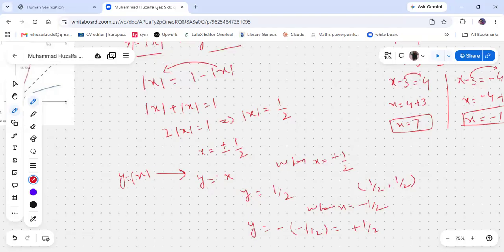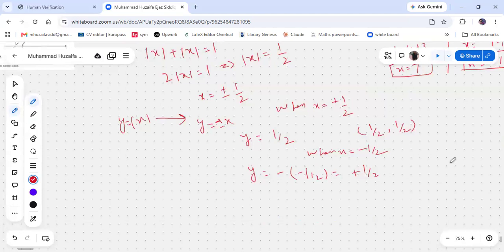We are writing the plus and minus, and in this session, when we have x equal to plus and minus, this will be this one. So on the behalf of this one, I'm writing the ordered pair here. When we put x equal to minus half, what we got is plus half.